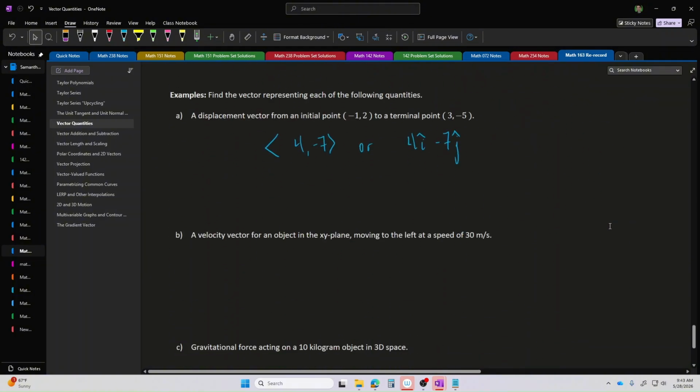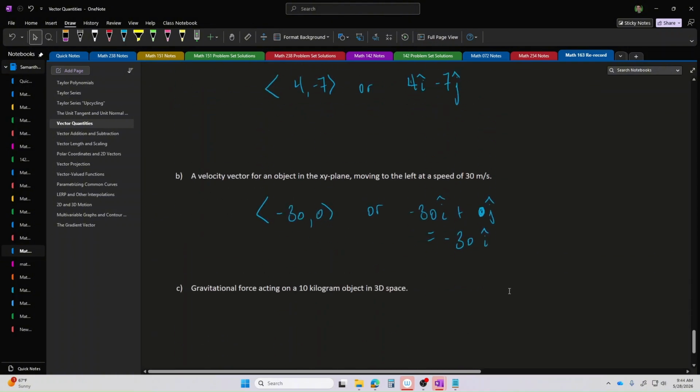So that means as I write this vector, I can write it in angle bracket notation as negative 30, 0, or I can write it in physics notation as negative 30i plus 0j, which can be simplified to just negative 30i. So this is the symbolic notation for this velocity vector, 30 units in the negative x direction.